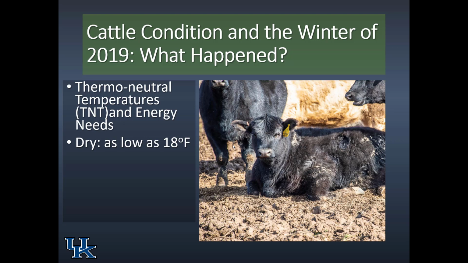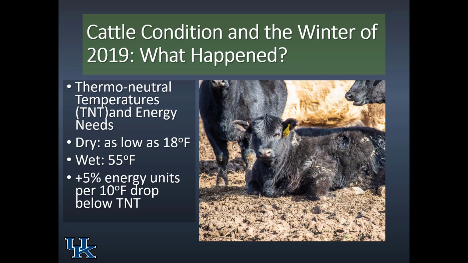When their hide is wet and they're out in the rain, that thermoneutral temperature rises to 55 degrees. And we know that for every 10 degree Fahrenheit drop below the thermoneutral temperature, it takes 5 units more of energy.